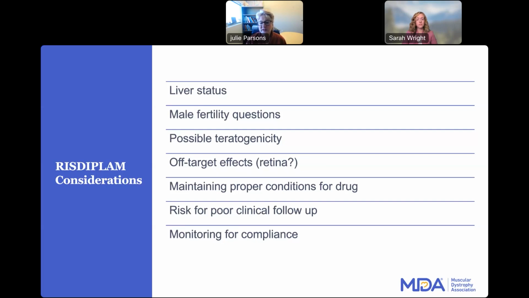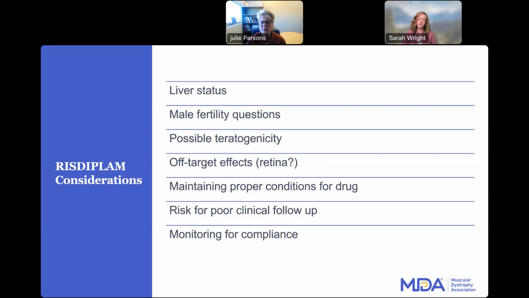This drug does need to have certain storage conditions with refrigeration, making it a little bit more difficult for patients who are traveling or trying to be mobile. Although, again, there's some work going forward on trying to produce a tablet form for risdiplam.